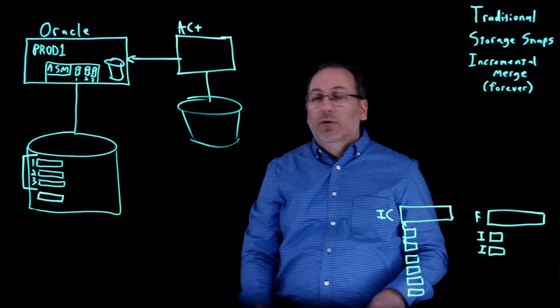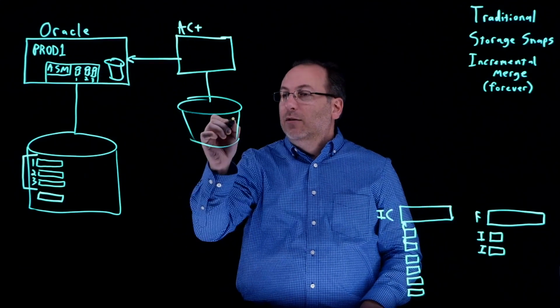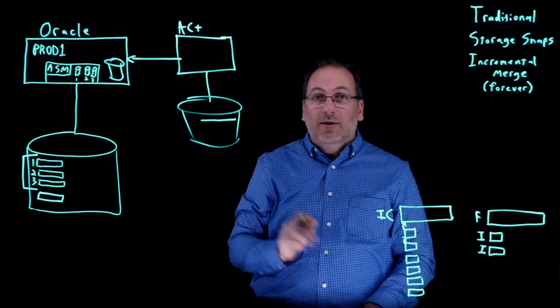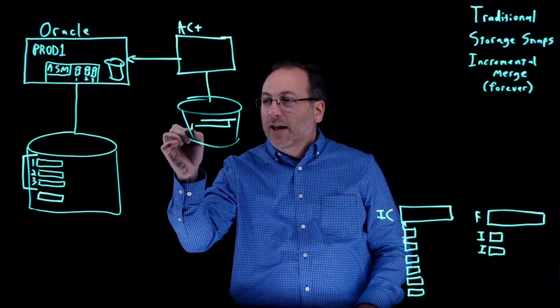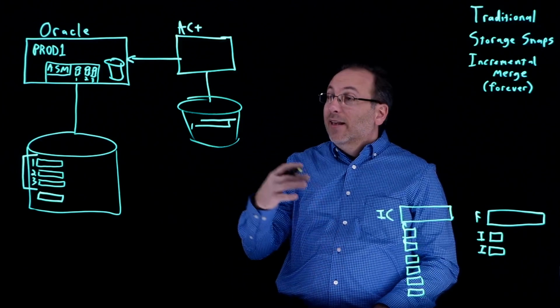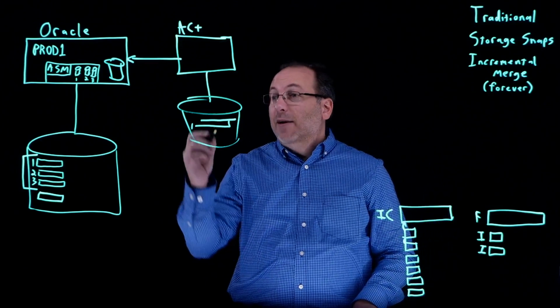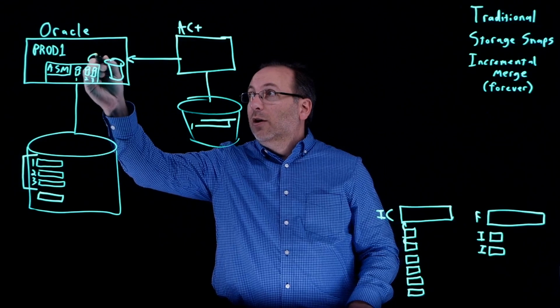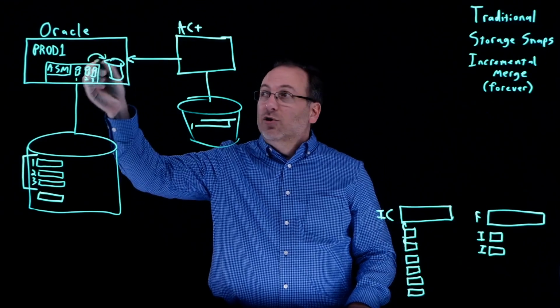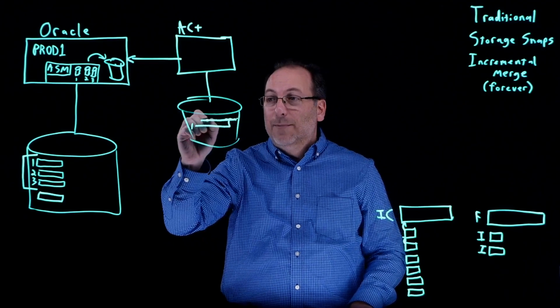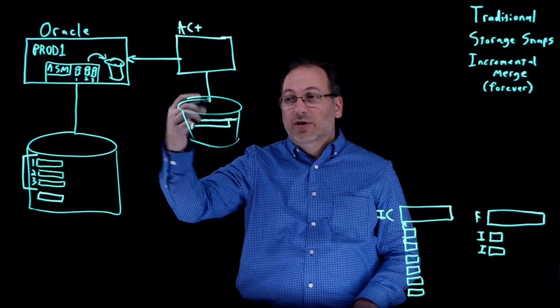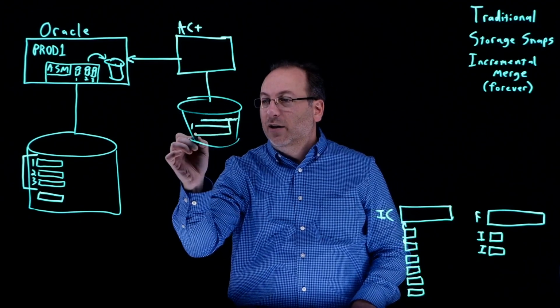What we'll do is the initial image copy, creating our full copy here. Now we have a full. At the end of that, we take a snapshot and call that day number 1. Every time we run a database backup after that, we simply do an incremental and a merge into the copy that's coming from Actifio. That updates our top copy to be the most recent point in time, and then we take another snapshot of it.